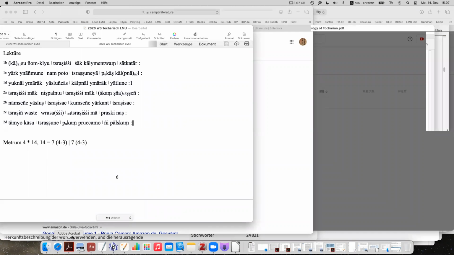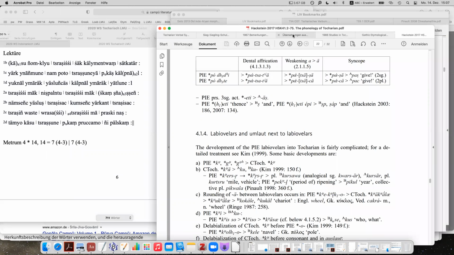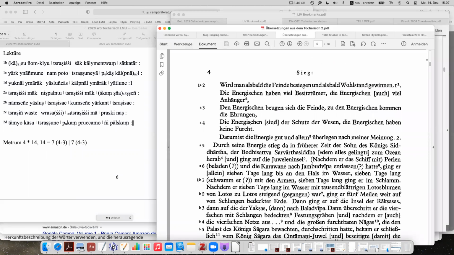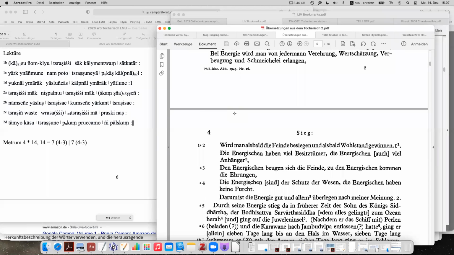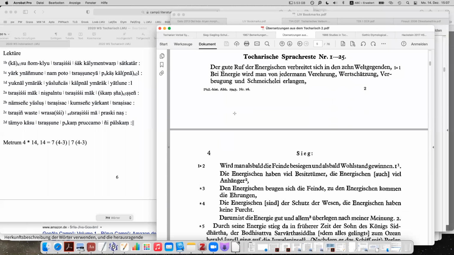And the translation, you can find it here. So this is a German translation here. Der gute Ruf der Energischen oder der Kräftigen, ja, verbreitet sich in den 10 Himmelsrichtungen oder 10 Weltgegenden. Und bei Energie wird man von jemandem Verehrung, Wertschätzung und so weiter.